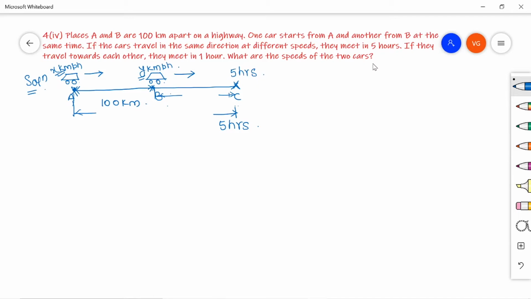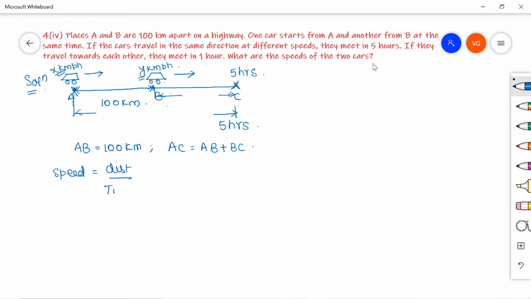Now, what we know from here is AB is equal to 100 kilometers, and AC is equal to AB plus BC. Only these two things I know. And we know speed is nothing but distance by time.